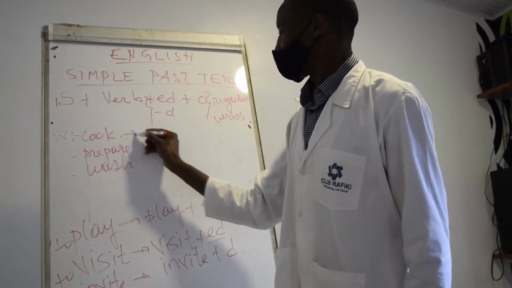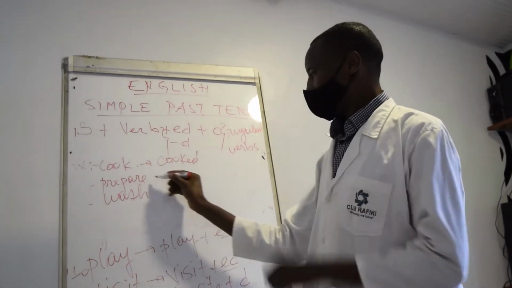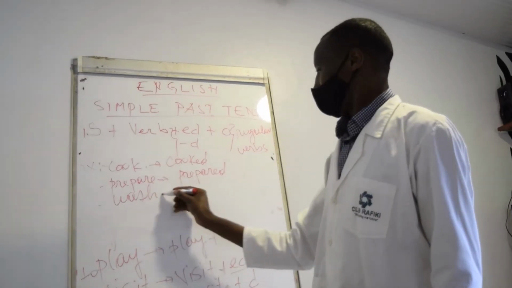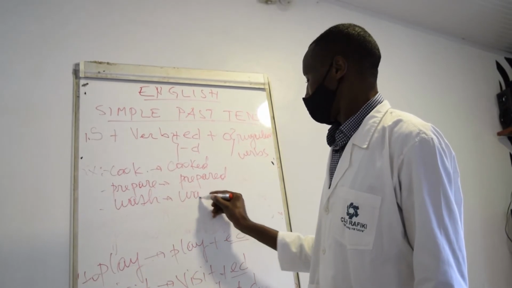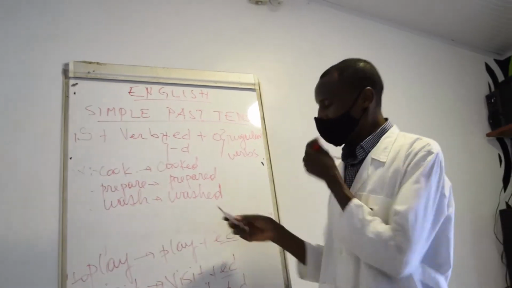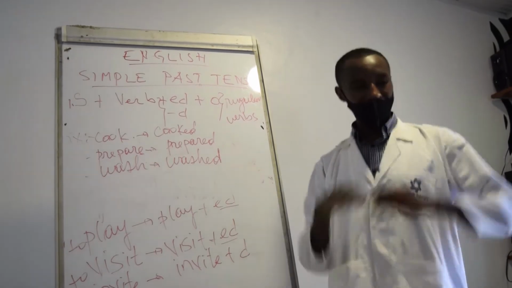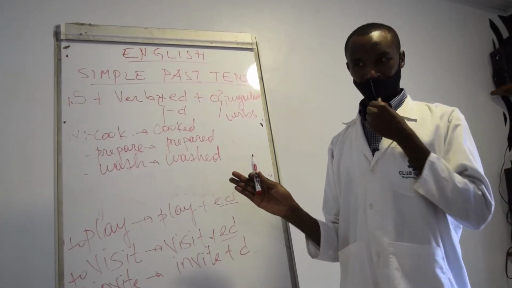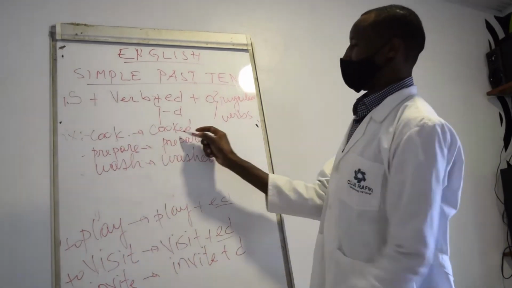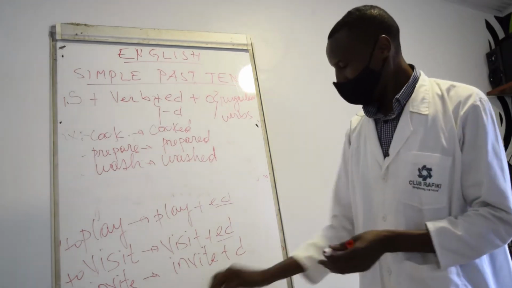It becomes cooked. Here, prepared. If a verb ends with E, you add D only. If it ends with a consonant, you add E, D. Isn't it? Good.